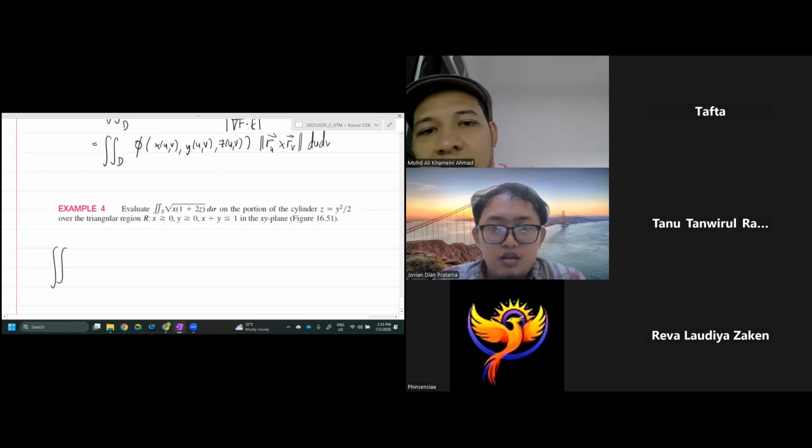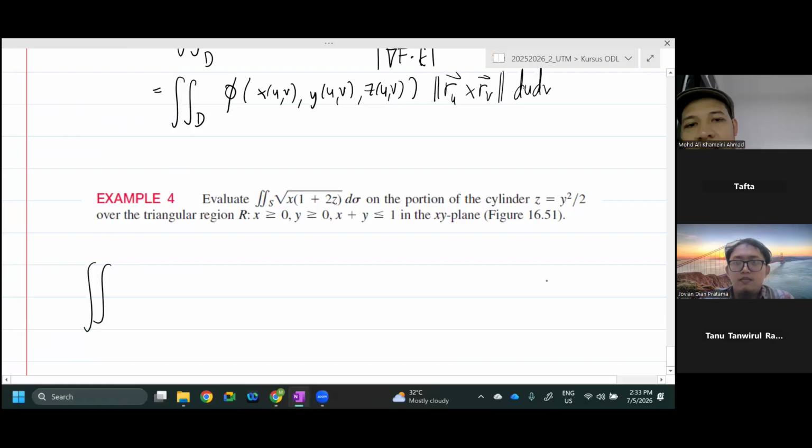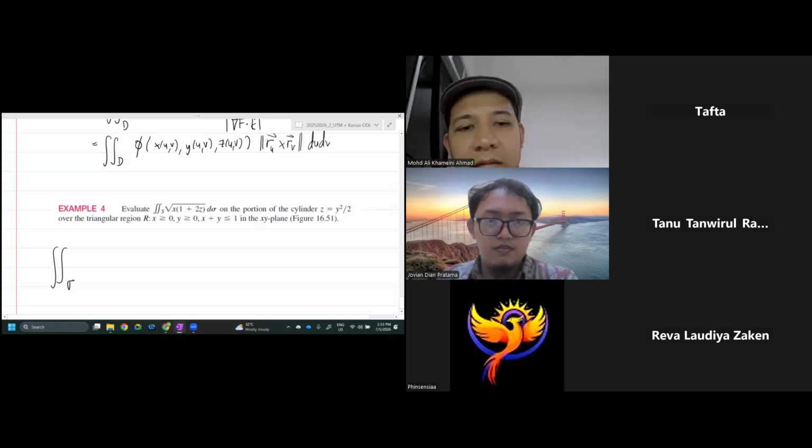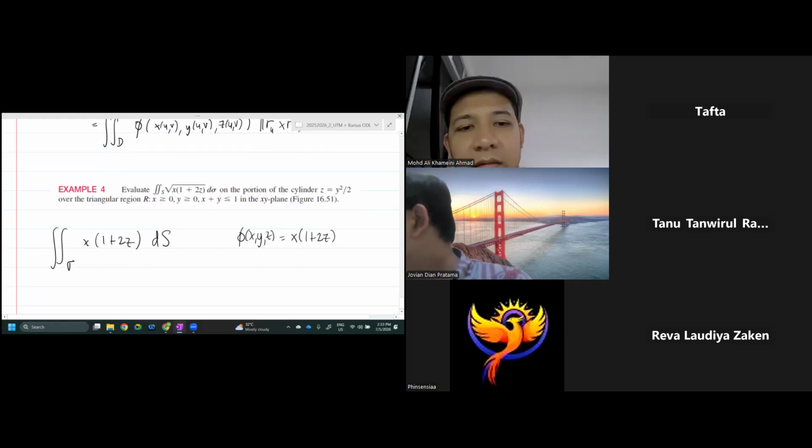Our surface is a portion of a parabolic cylinder. Let's try to sketch the cylinder first. So what do we have?